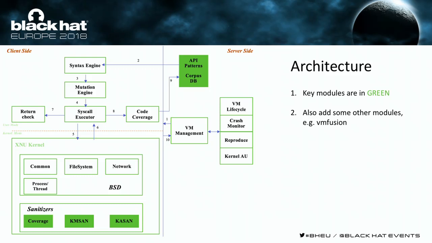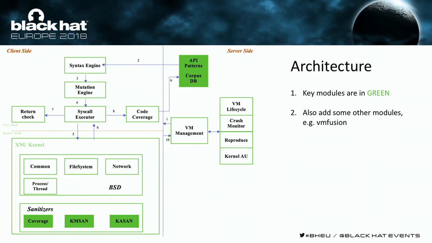Then these programs will be consumed by the syscall executor. The syscall executor will check the return value to see if there is something like a heap memory leak. It also gets the code coverage and updates the corpus DB.